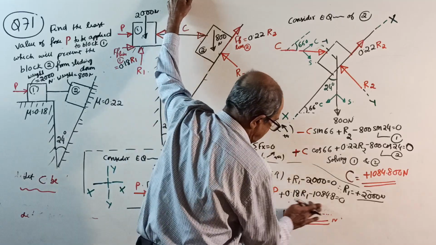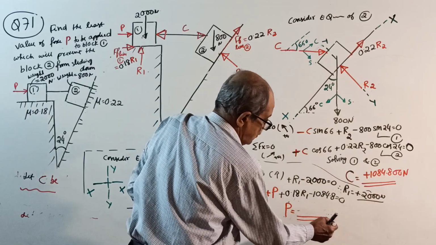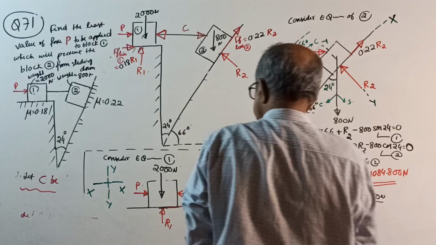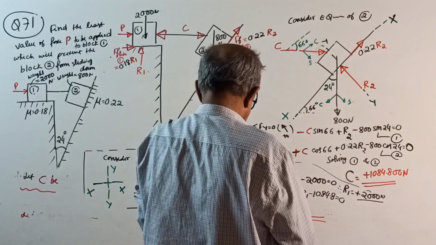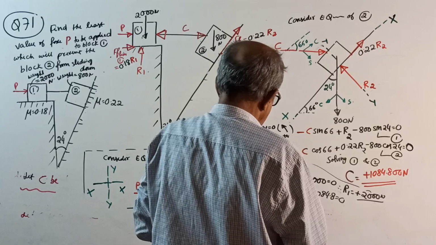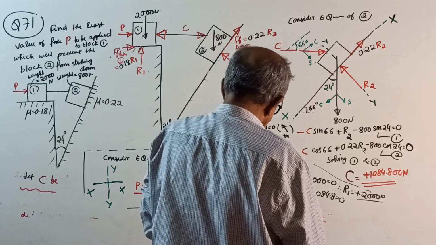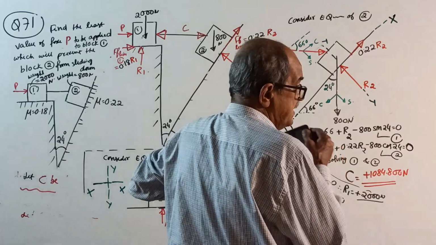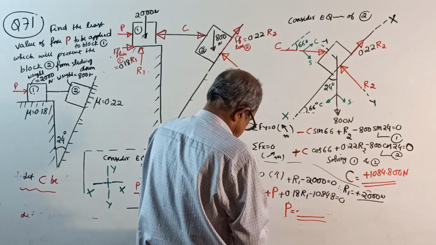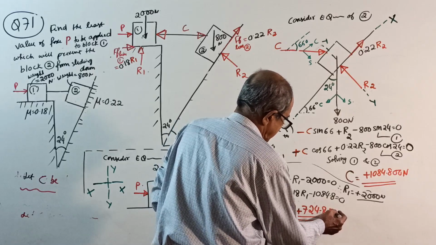R1 is 2000, you get the value of P. You will get the value of P now. 0.18 into 2000 is 360, minus 1084.8, is 724.8 Newton. Okay, that is the answer.